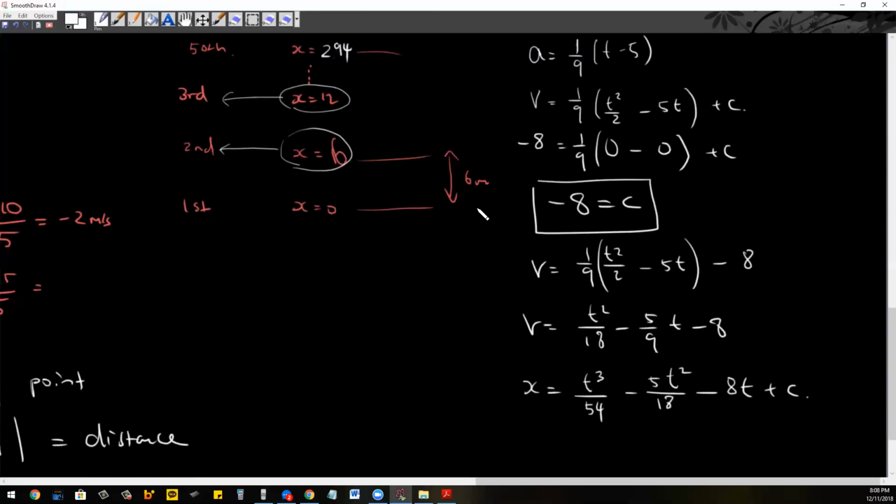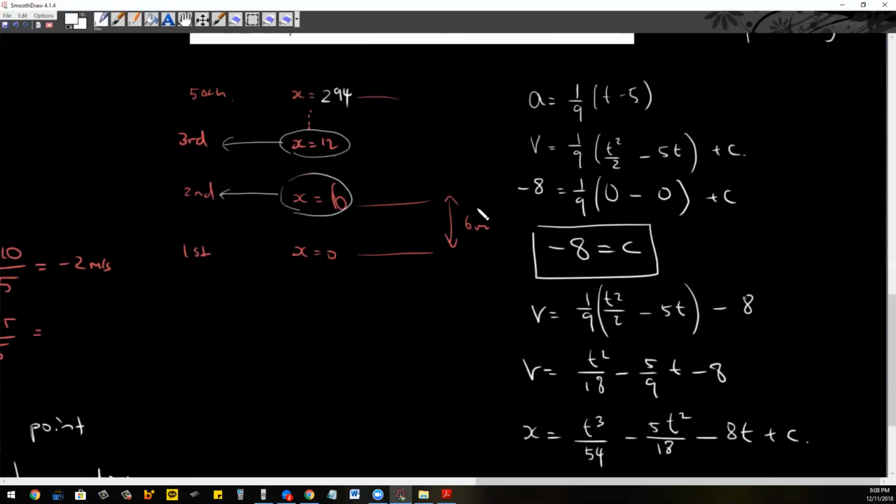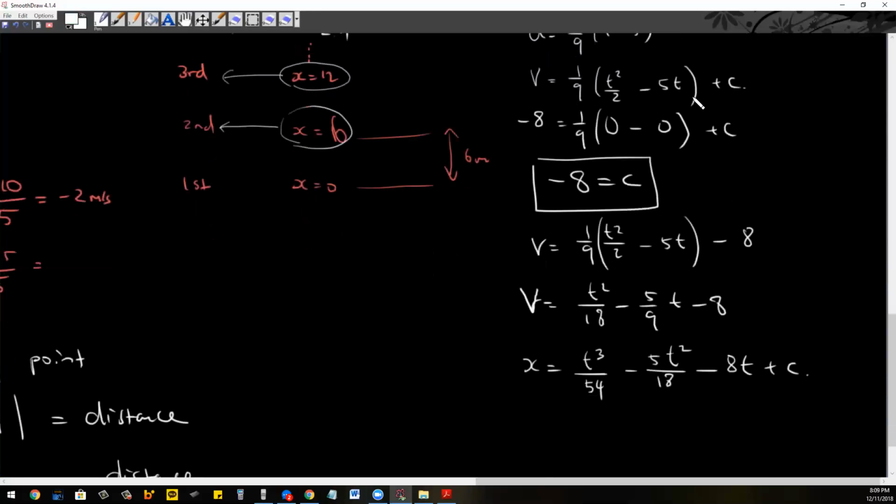So we have to be careful because the velocity was in meters per second. Acceleration was also meters per second squared. So we need to find c here, right? Yeah. If you plug in 0, 0, 0 here, you cannot actually plug in 50 here because 50 means 50th floor, right?